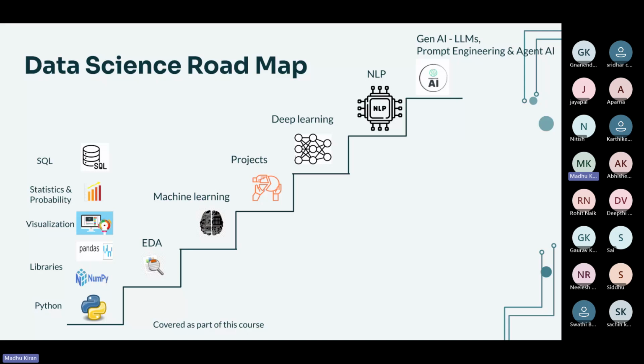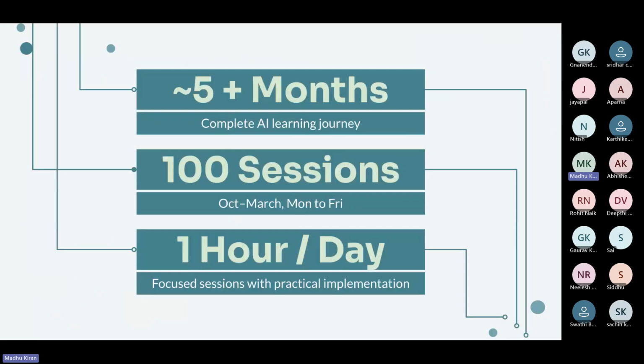Coming to the course details, it's around a 5 to 6 months course, a complete AI learning journey, around 100 sessions. Every day, 1 hour from Monday to Friday. One more thing about this particular course is it's not all theoretical.